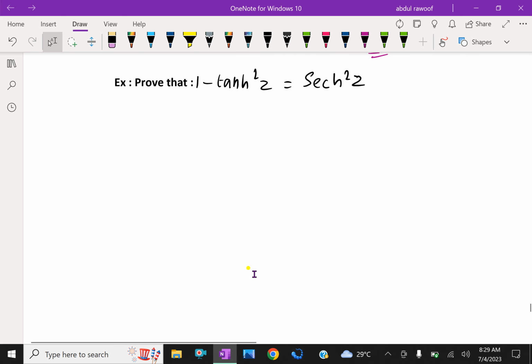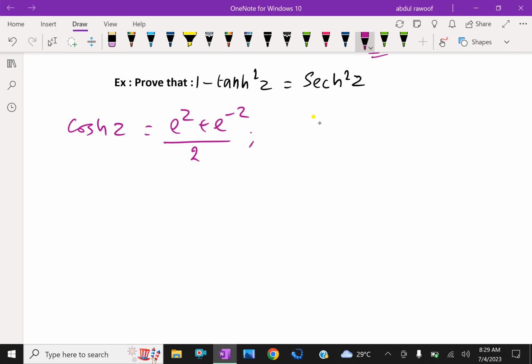Next question. Prove that 1 minus tanh² z equals sech² z. By definition, we know that cosh z equals (e^z plus e^(-z)) over 2, and sinh z equals (e^z minus e^(-z)) over 2.